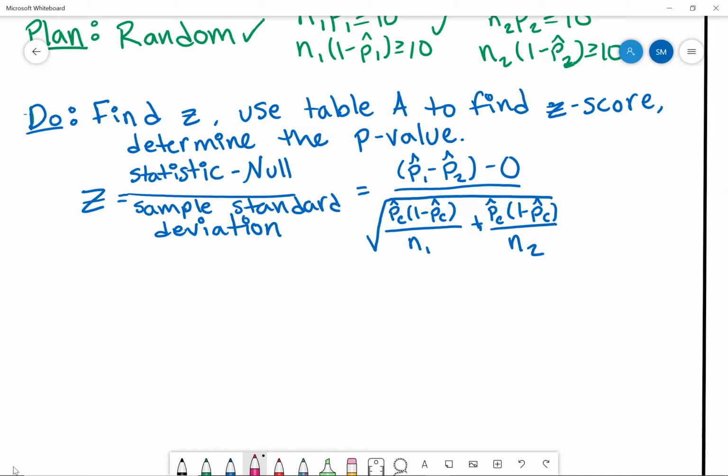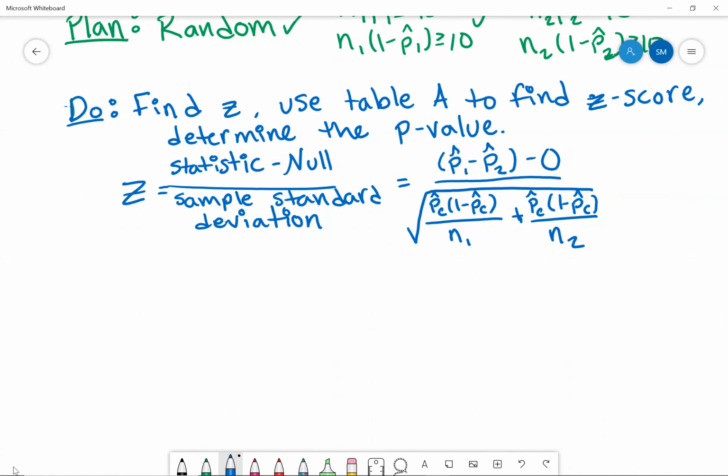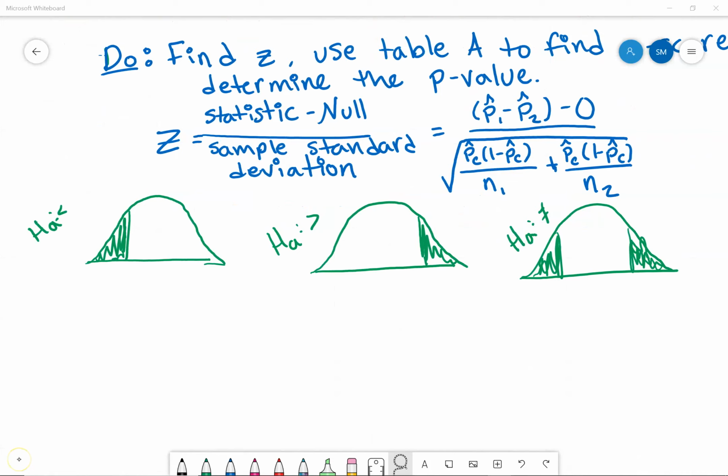Okay. Now, let's go back to our 3 pictures for a second. After you find your z value, you go into the table and you find that number. The number that you get in the table is going to be your z-score. Here's a few things that we need to know. If the alternative hypothesis was less than, if it's shaded to the left, then your p-value is equal to the z-score, the number that you find in the table.